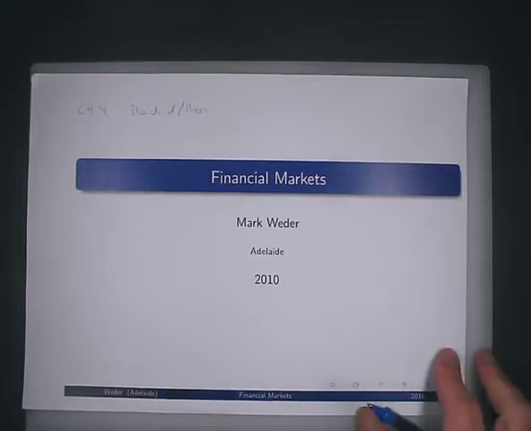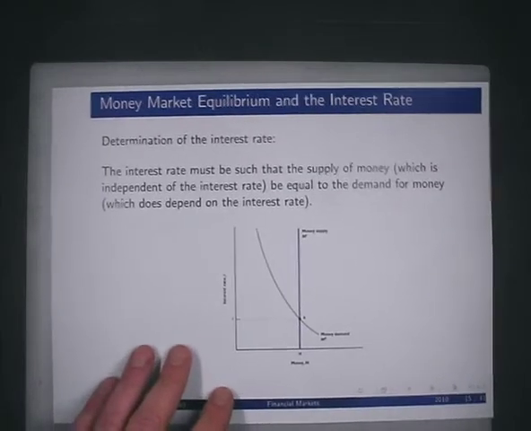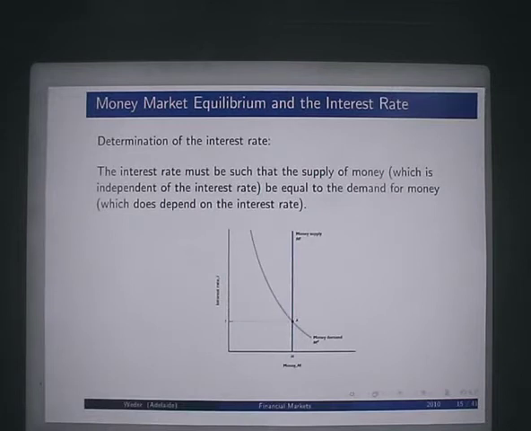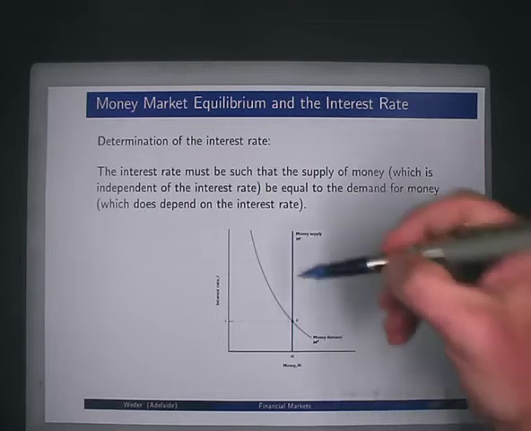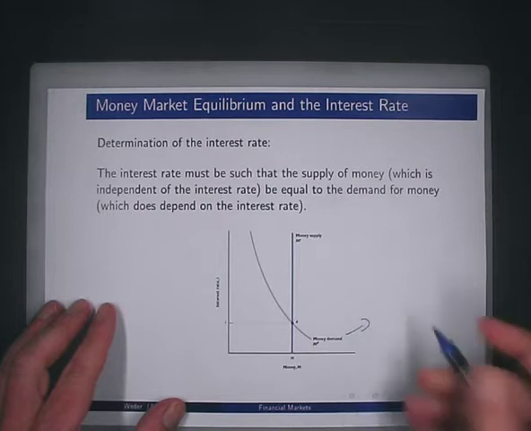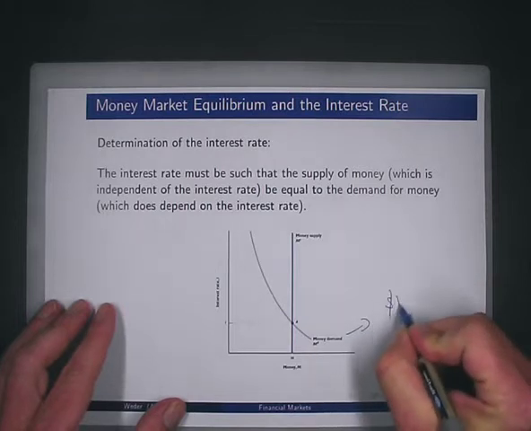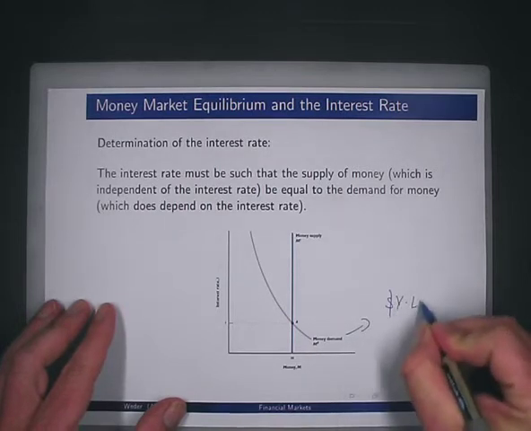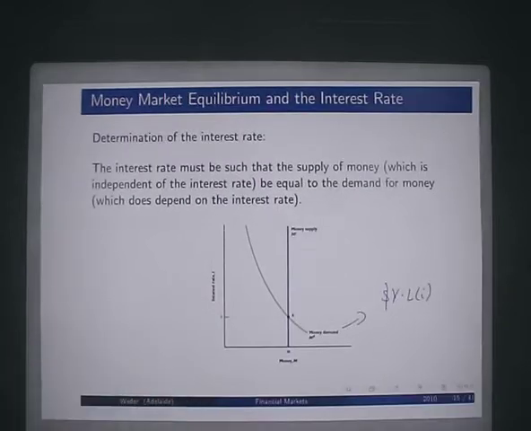Okay. Let's see if we can finish financial markets today. Let's briefly jump back to last Wednesday. So how far did we get? Well, we got so far that we have derived this money demand function. Money demand was a function of nominal output times some term.